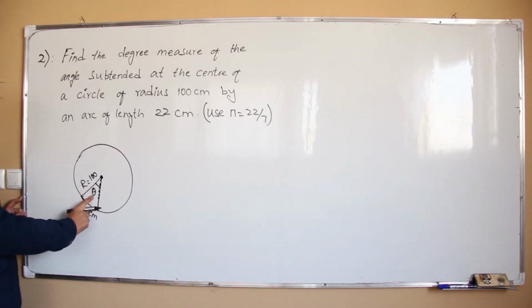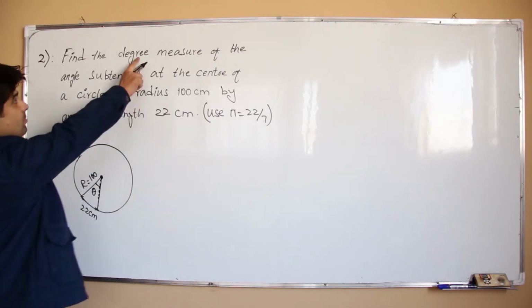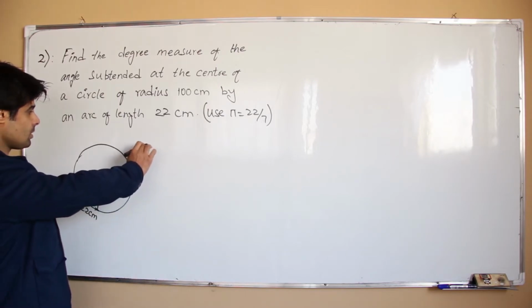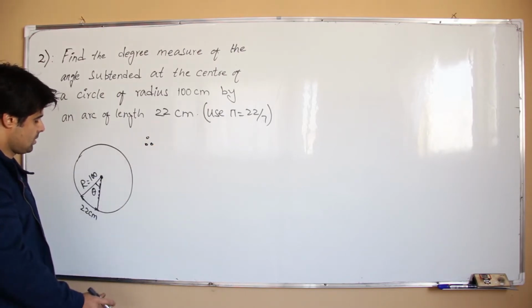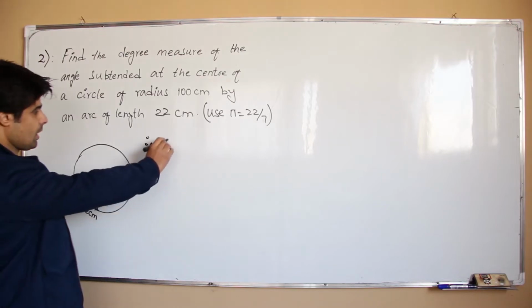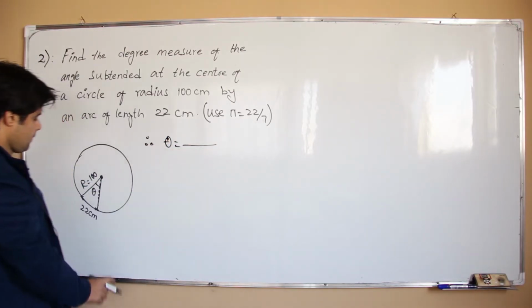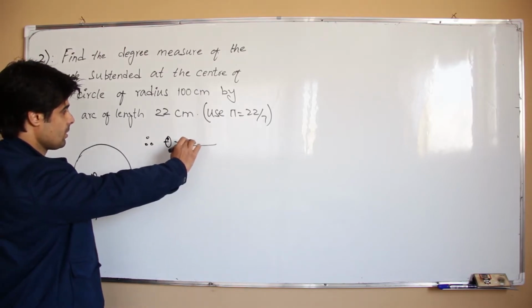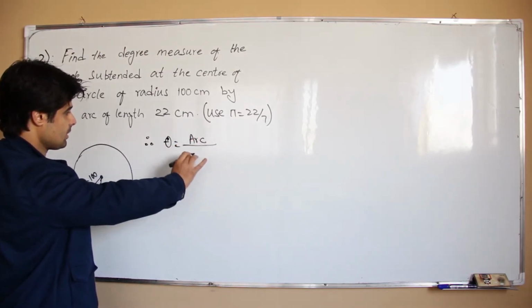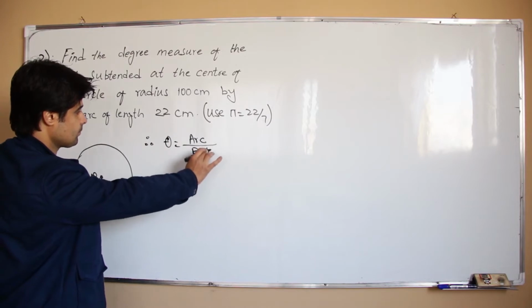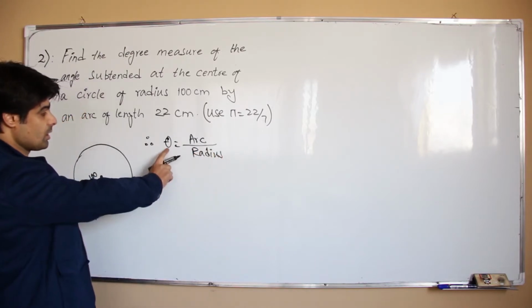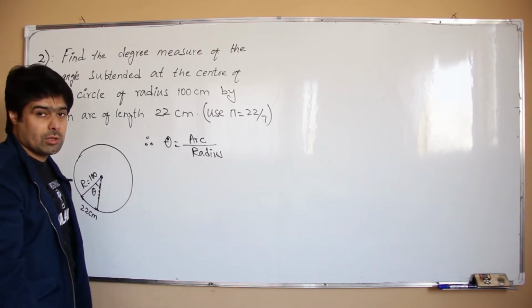Now you have to find this theta in degree measurement. We know that theta is arc divided by radius. Am I right? This is our formula for theta, which is in the radian system, not in degrees.